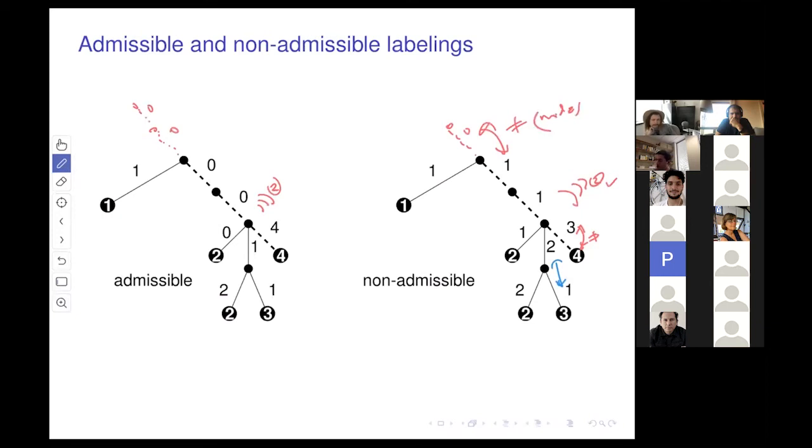So there are many reasons why this diagram is not admissible, and you can have fun looking at these notes later and check that the diagram on the left is indeed admissible. Okay. So again, the theorem says you start with a pair Y, W, you associate this diagram. Each of these admissible labelings is supposed to contribute 1 to the local Euler obstruction.